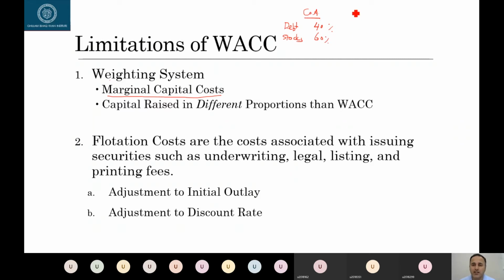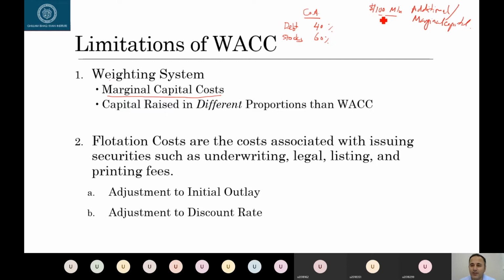But let's say if you're considering a project and you need 100, it's a big project, you need $100 million. Of course, you have to raise capital for it. So if you raise capital, this is additional capital. This is additional, or you can call it marginal capital. Okay.